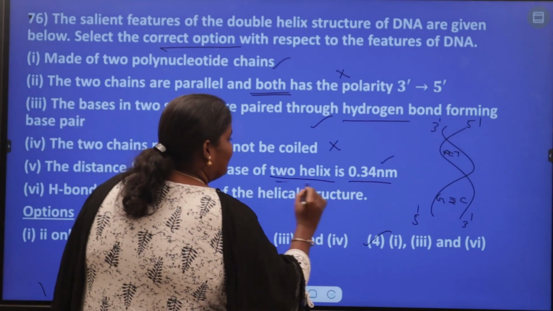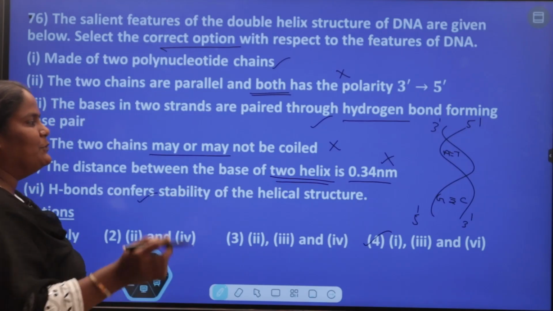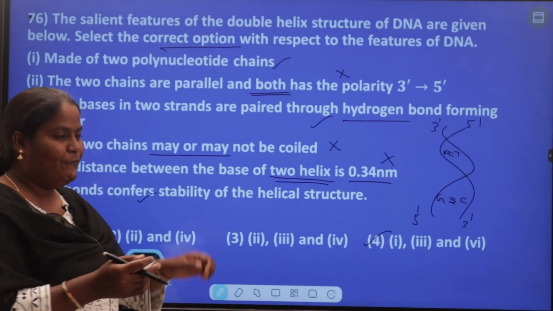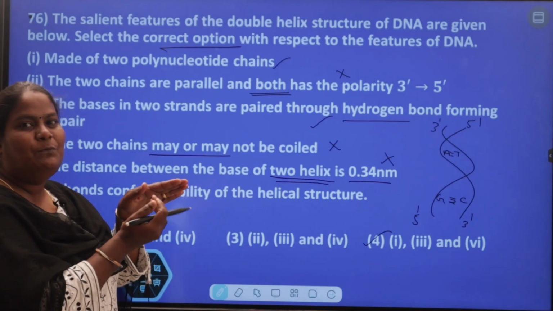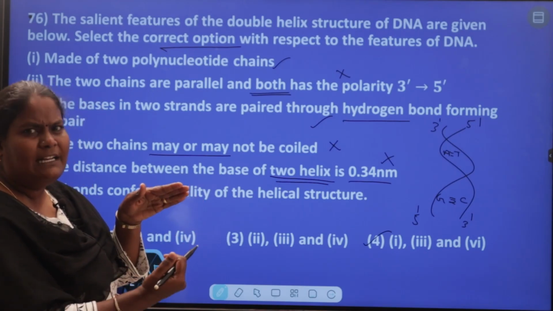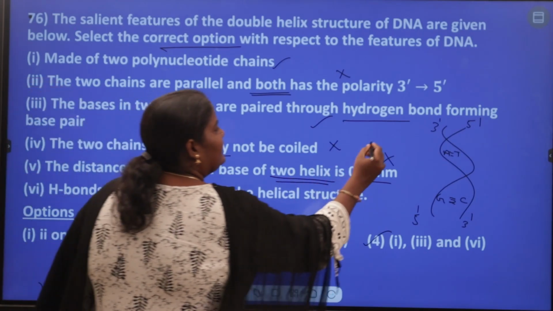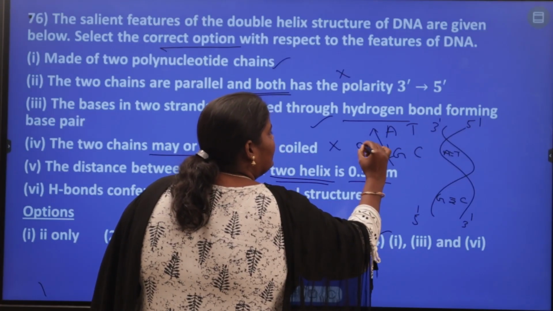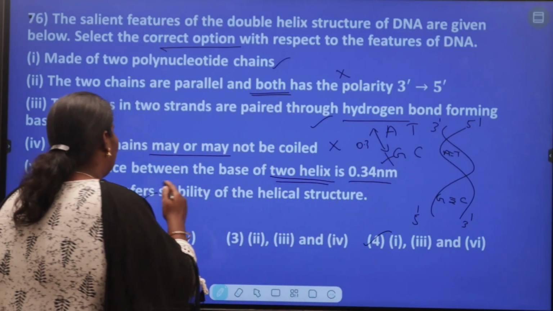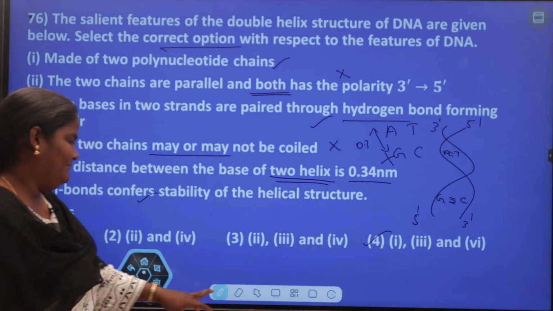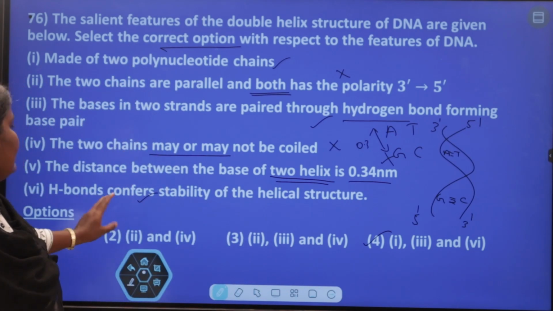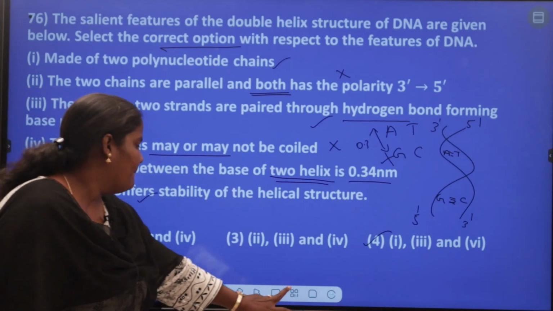Not between the 2 helices, I am sorry. The distance between the previous base and the next base, here some base is there, here some base is there, the distance between these two is 0.34. So the statement 5 is wrong. So the answer for this is the fourth option. 1, 3 and 4 are the right statements.